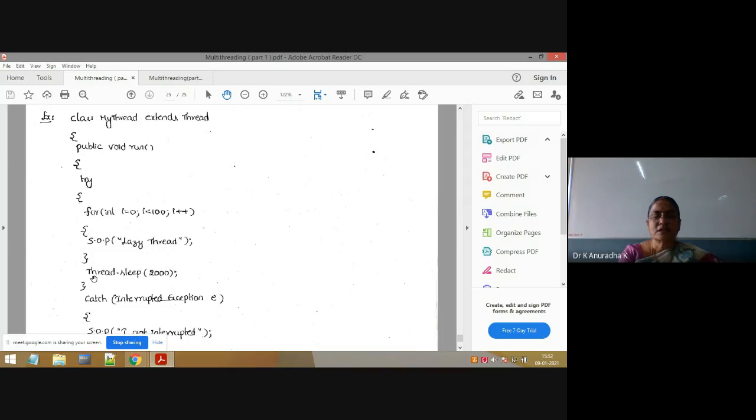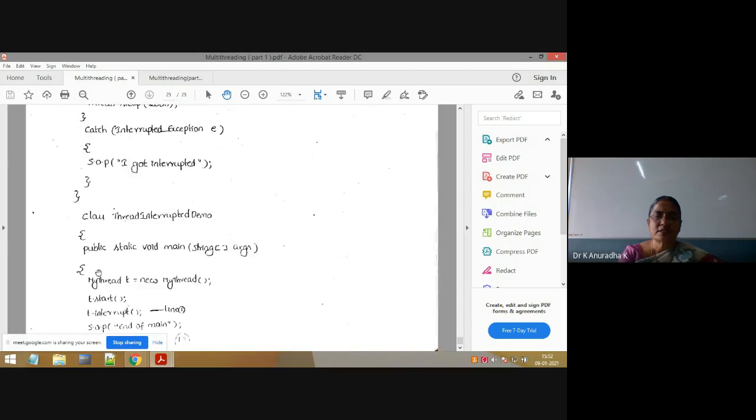Try to understand the difference between these two programs. In the first program, Thread.sleep is inside the for loop, which means the for loop is repeated 10 times. Now here I have written Thread.sleep outside the for loop, so you can see the difference in the output.